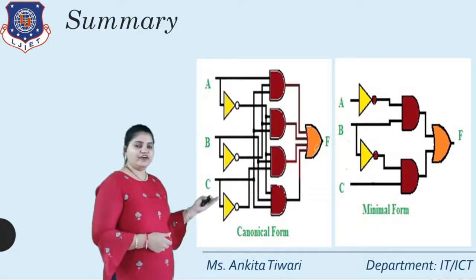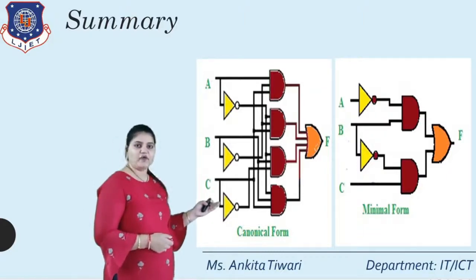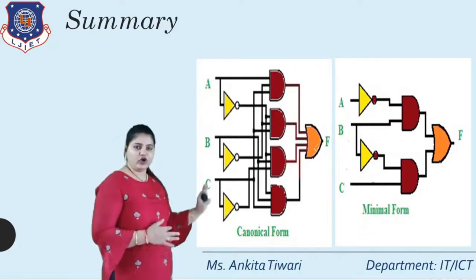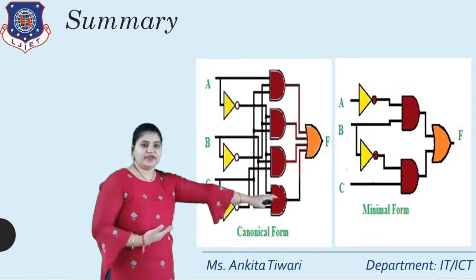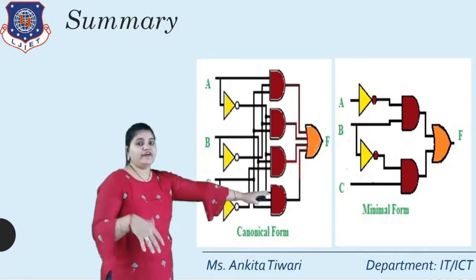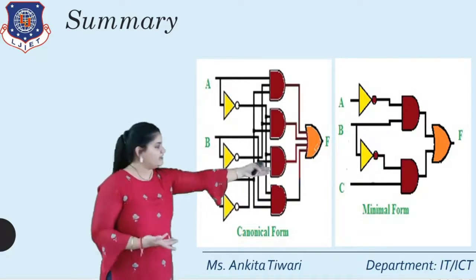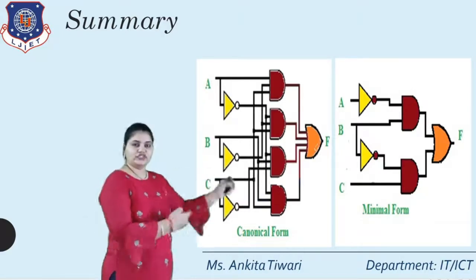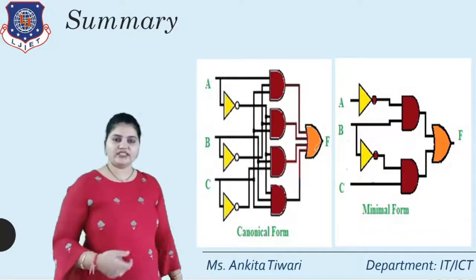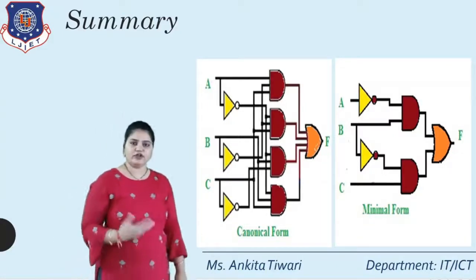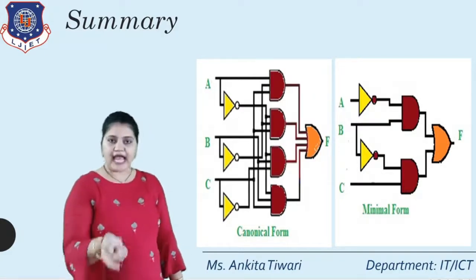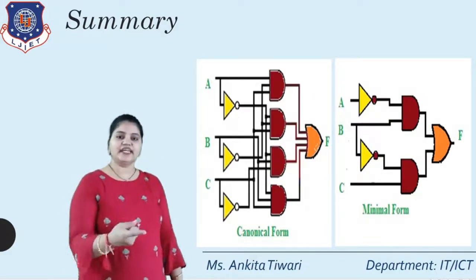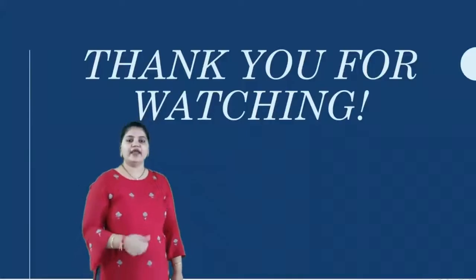Suppose this is the function which is given to us in the form of a, b, c, with all the values with respect to SOP and POS. Now this will be represented in the minimal form, that is we are reducing it after applying any of the methods and getting the answer. So this is what the gate form, or the circuit form, of the combinational circuit is with the help of SOP and POS representation of Boolean expressions.